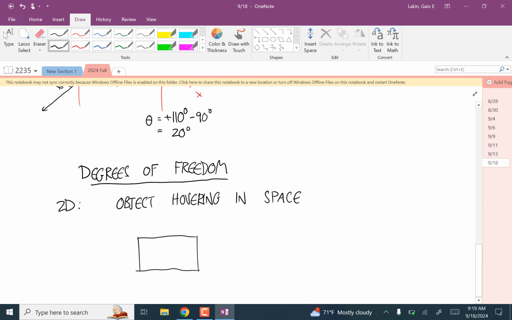So it can move along one axis in translation. It can move along a perpendicular axis in translation. And then it can rotate about a third axis. So this is a rotation.